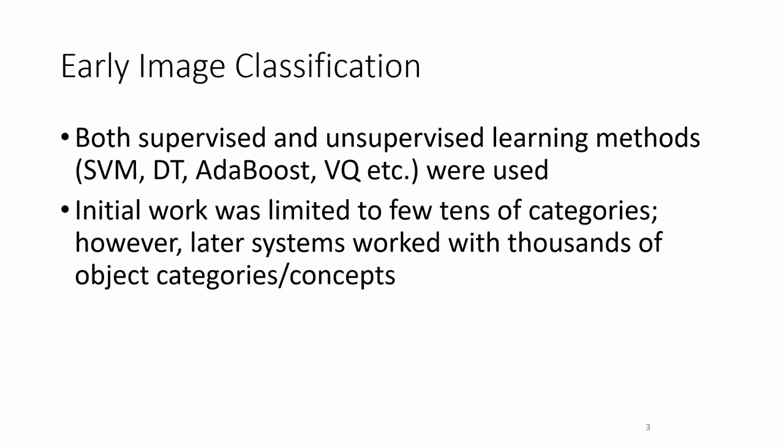For example, people were doing hand-printed or machine-printed character recognition, so obviously the number of categories there, including uppercase and lowercase, would be in the tens. However, later systems worked with thousands of object categories or concepts.